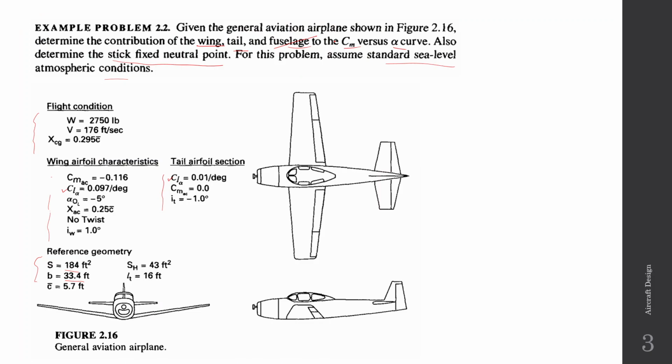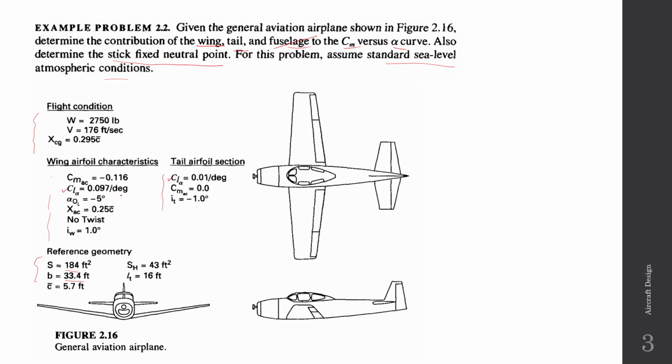And your CL alpha 2D is given as 0.097 per degree.